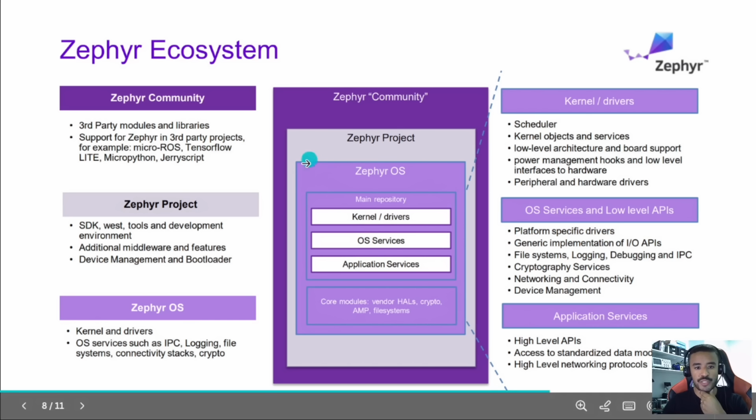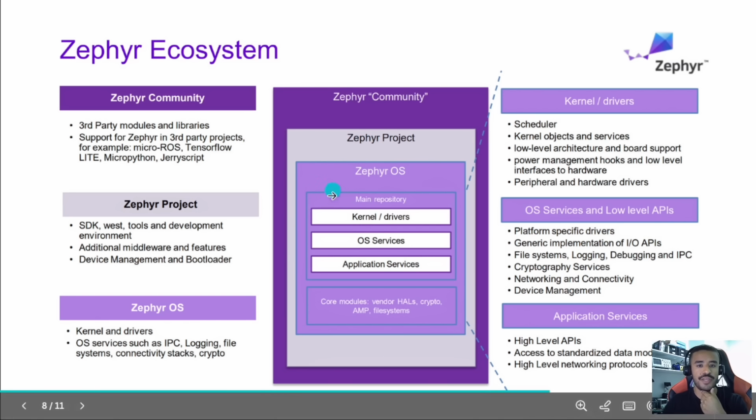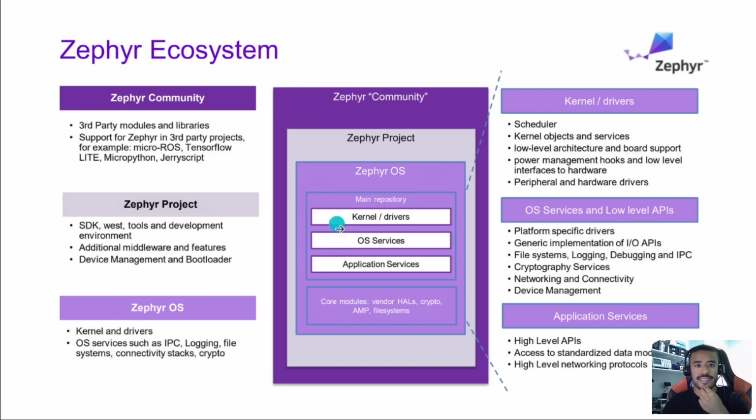When you look at this picture, we have the Zephyr project in the center of the image, for example, and inside this we have the Zephyr OS where everything is layered. We have the kernel and the low-level drivers. These layers handle scheduling, threads, memory, power management, and direct access to the hardware.